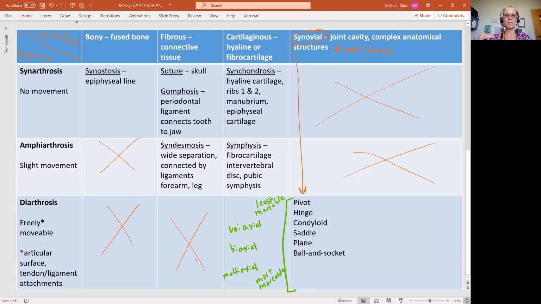So it's probably not just front to back, not just side to side, but kind of in between. That's sort of a hard one. In those three planes, how many planes can our bones move? So uniaxial would be one plane, biaxial is two planes, and multiaxial is three planes.